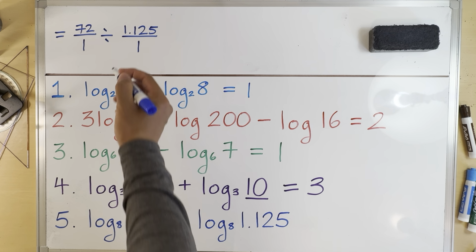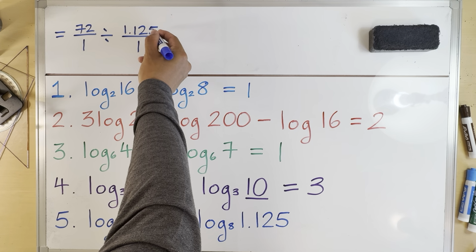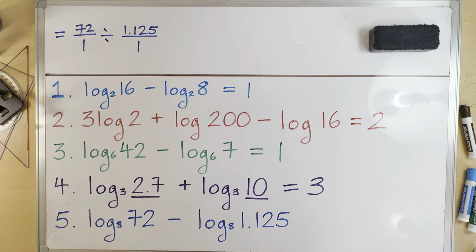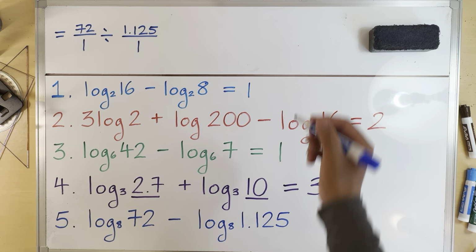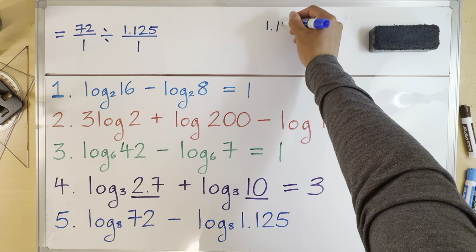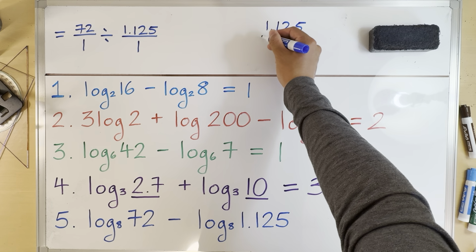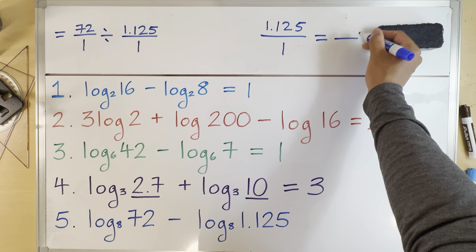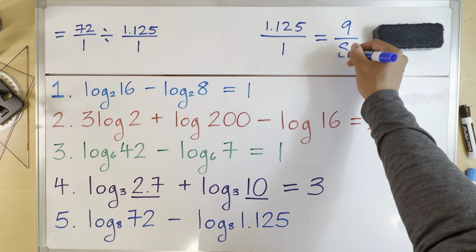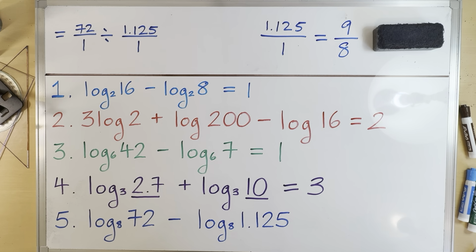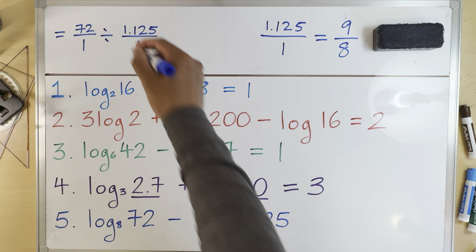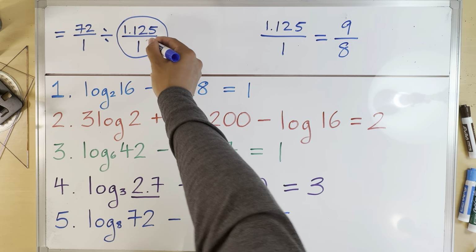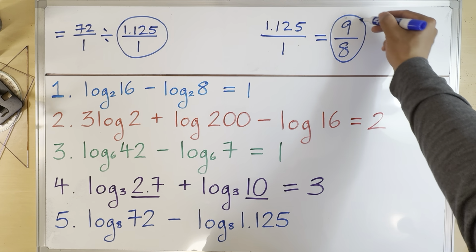What does 1.125 divided by 1 give us? What is that equivalent to? It turns out that 1.125 divided by 1 is the same thing as 9 divided by 8. So I'm going to erase this and replace it with this.